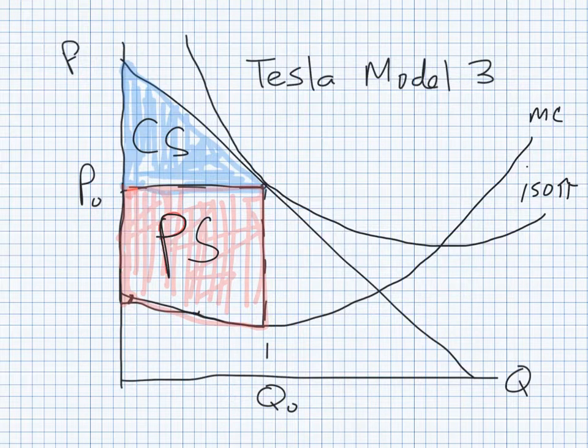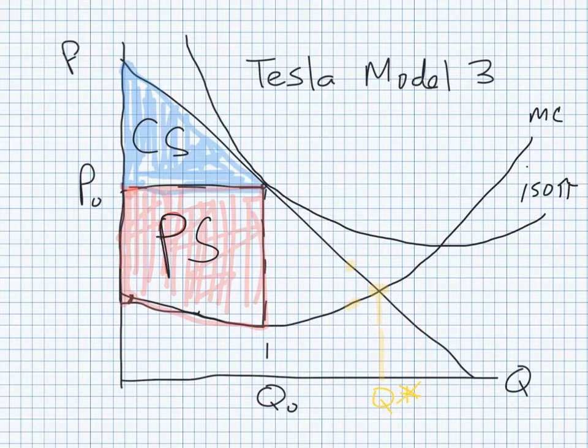Notice that if we were at the best outcome, where every unit that was valued by at least as much as the cost of producing it was produced, we'd be at this level here. We'll call that Q star.